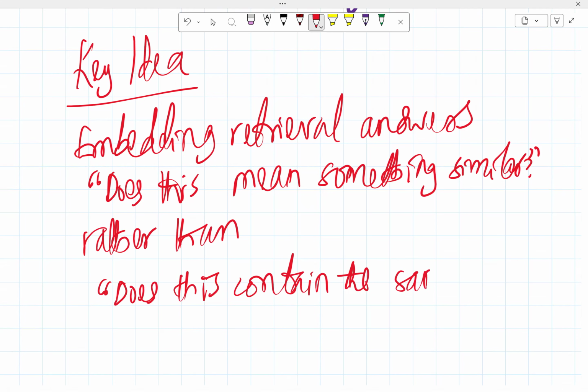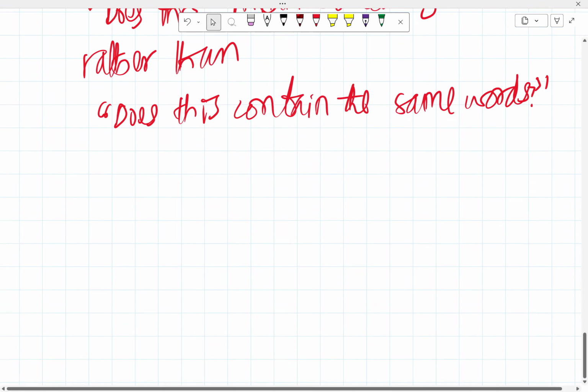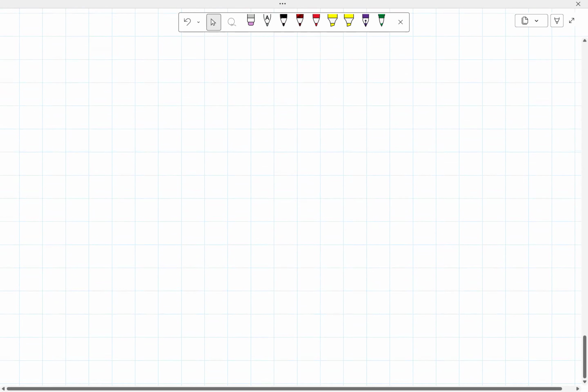And that's where it makes sense, right? Because you can have a river bank, and you can have a bank account. So embedding retrieval helps us know what exactly the meaning is that we are trying to convey. So let's go to problem 16.